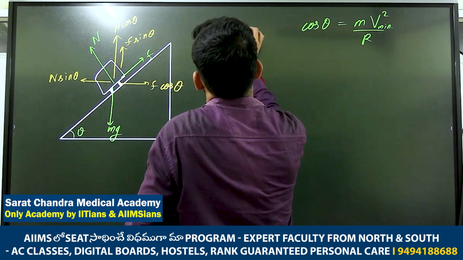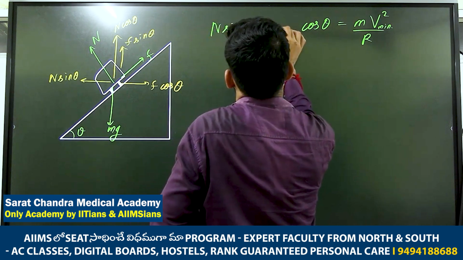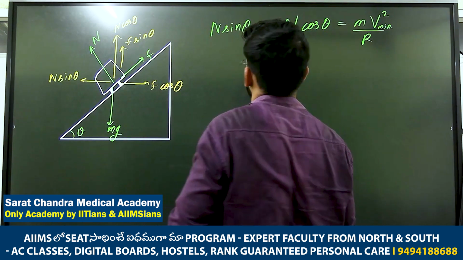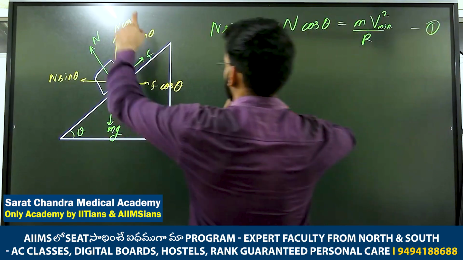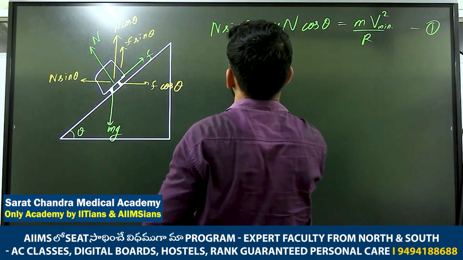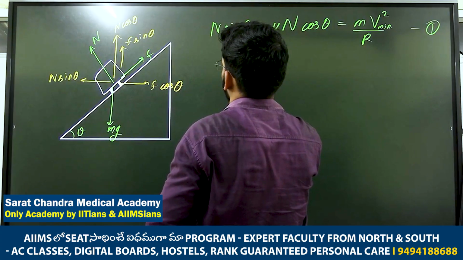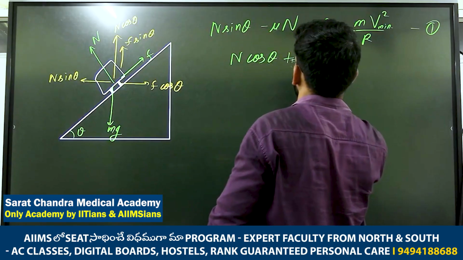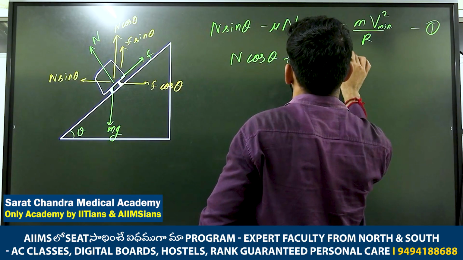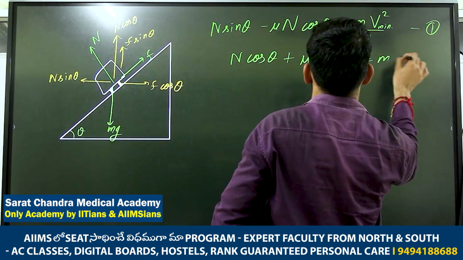N sin theta minus mu into normal, right? This is one equation. Another one, this side forces balance. So what is that? N cos theta plus F sin theta should balance the mg. F is what? Mu into normal sin theta should balance the mg.